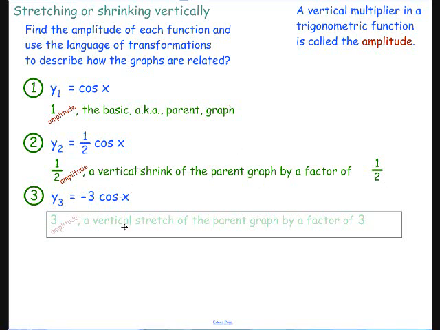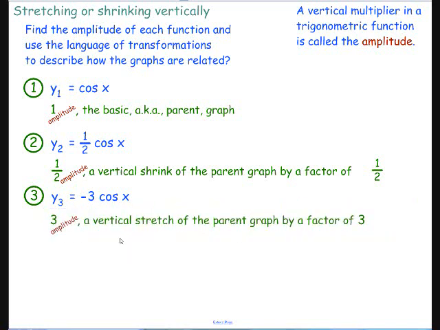And for number 3, ooh, that's an interesting one. We've got an amplitude of 3. Ignore the negative for a moment. We've got an amplitude of 3, which is a vertical stretch of the parent graph by a factor of 3. What this negative is going to do, it's not going to actually affect the amplitude.